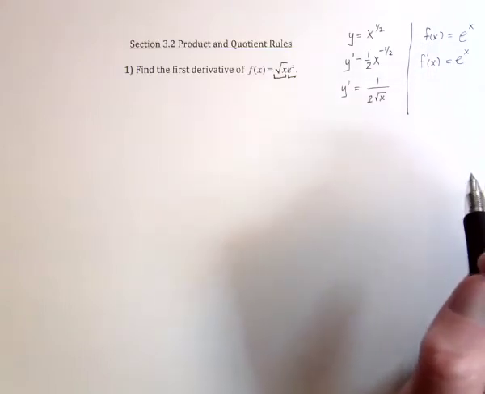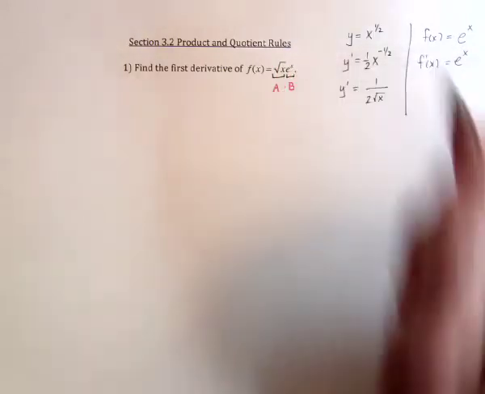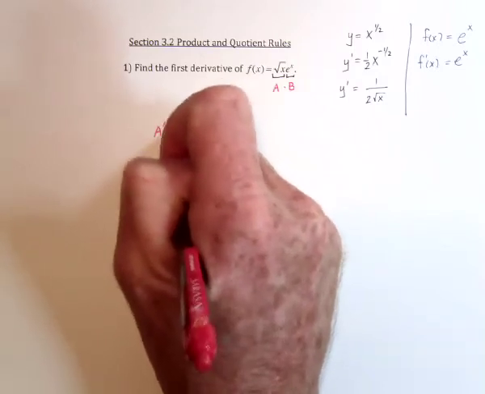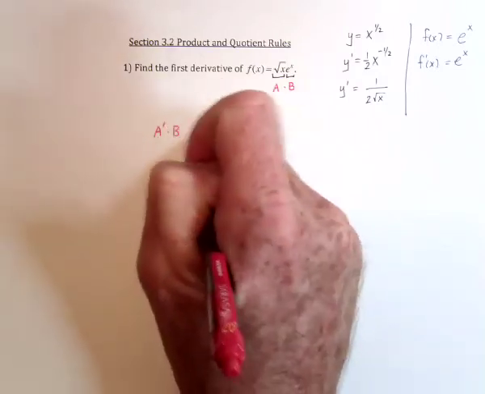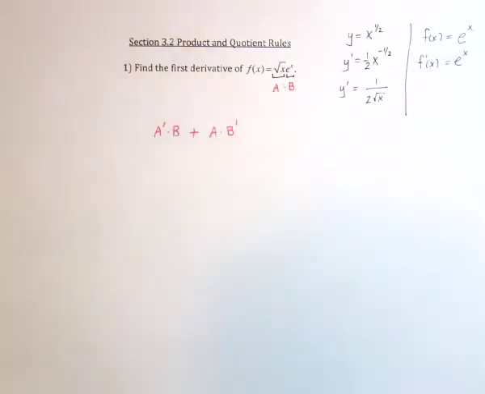So the product rule would say, if this is a times b, then take the derivative of a, but leave the b alone, plus leave the a alone while you take the derivative of the b.